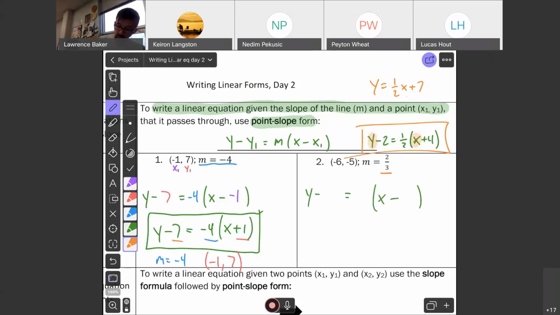So if I take my slope and I put that in, I take my x value, make sure you put the x with the x, so that says -6. So I'm going to change this to +6, since the sign changes. It says -5, make sure you put your y value with the y. So that says -5, so I'm going to change this so it says +5. And I'm done.